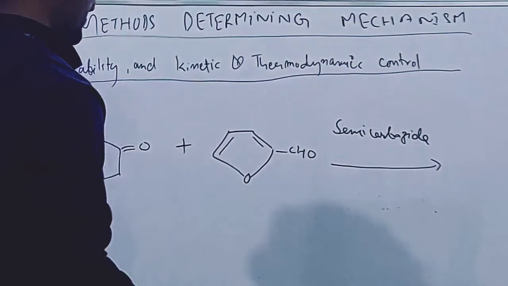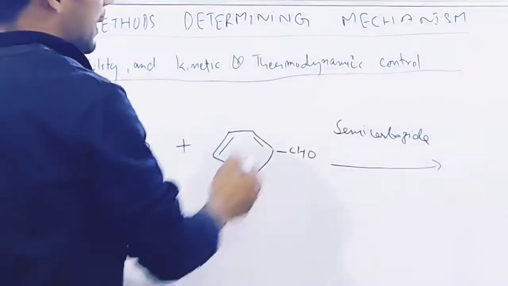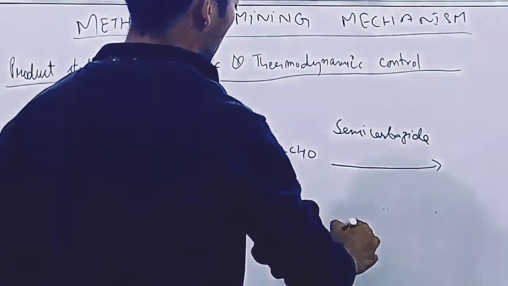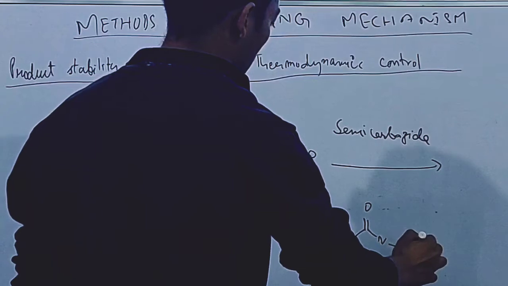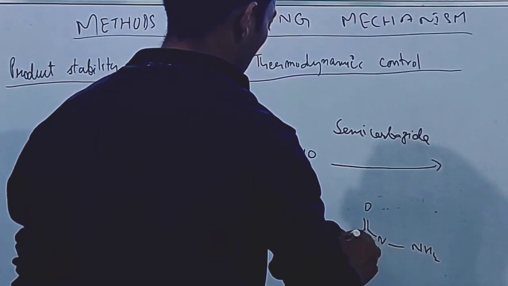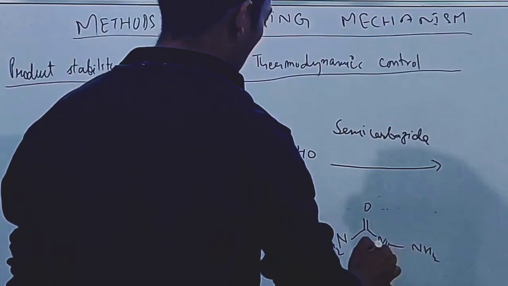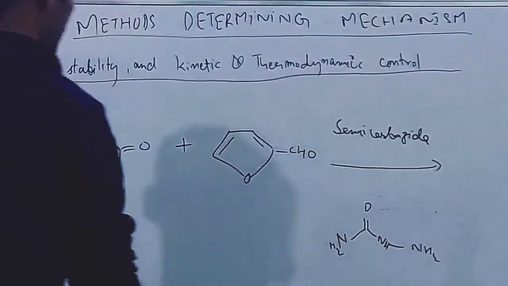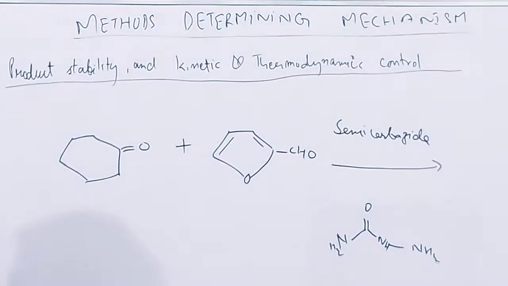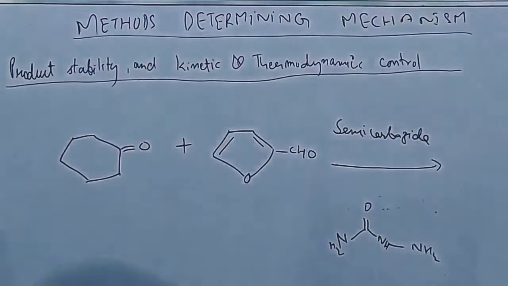So, in case you don't know the structure of semicarbazide, it is NH2, CO, NH, NH2. So what will be the products for this particular reaction?